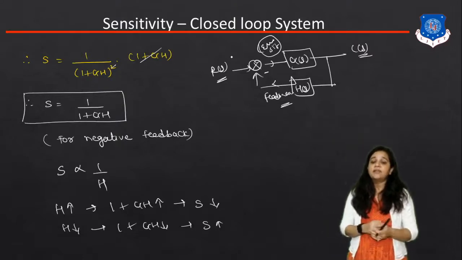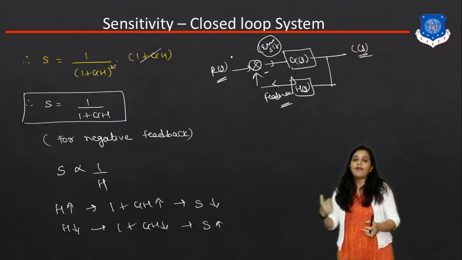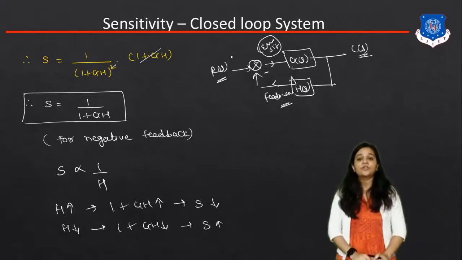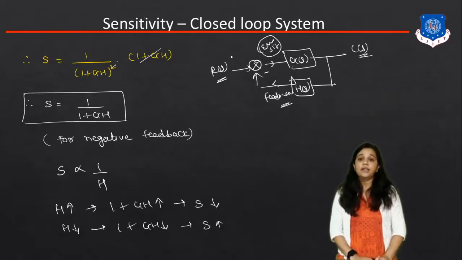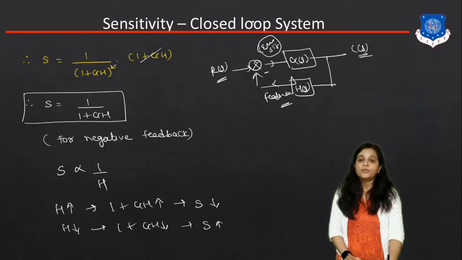How sensitivity changes with the value of H, we have to study in the next session. Also how the value of H changes and how we get the sensitivity, all those things we have to study in the next session. But one thing is that the sensitivity of the open loop system is less than that of the closed loop system. So in the plant, they generally use a closed loop system to find out the sensitivity.